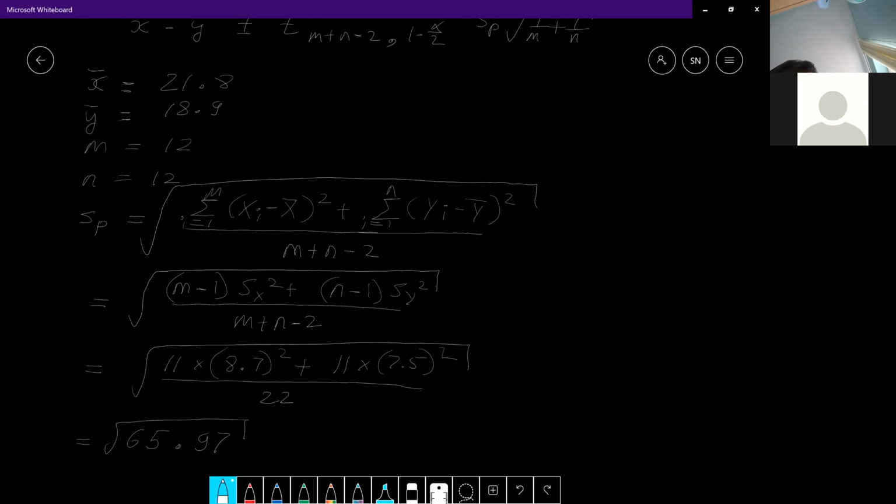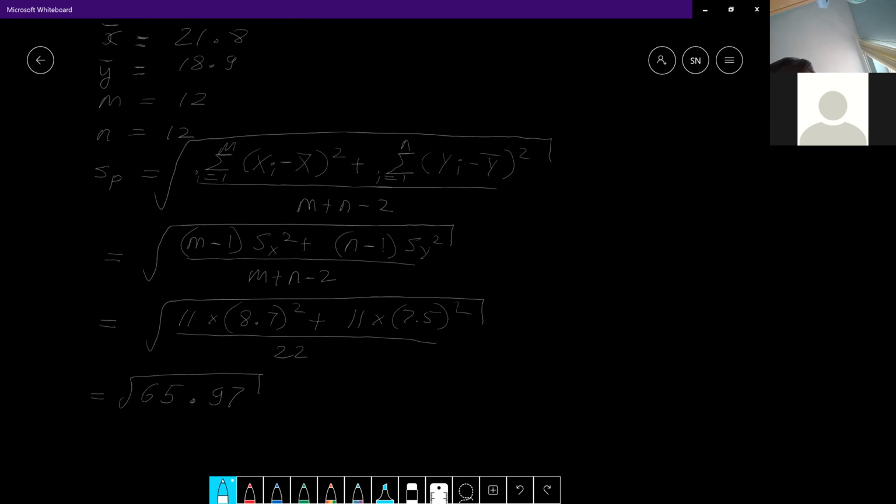So the confidence interval. Hence, we are looking for 95%. Yes. Hence, the 95% CI, or confidence interval, is the following.